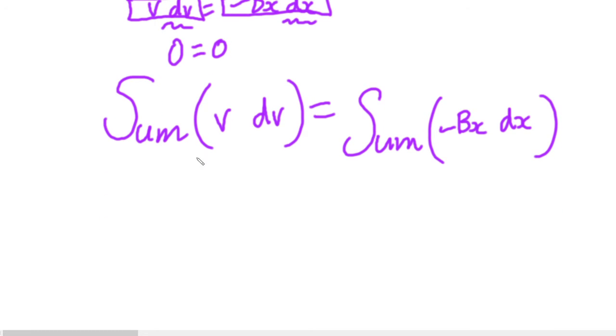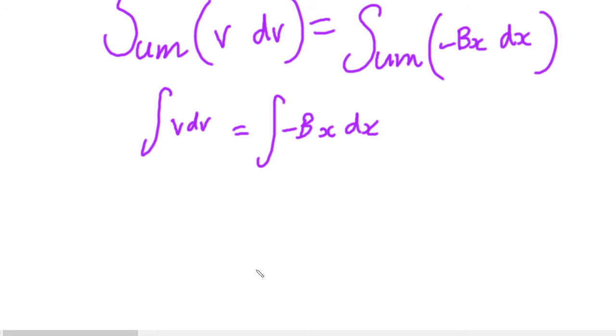Or in other words, replacing sum with this ridiculously large S drawn on purpose to symbolize the integral sign, the integral of v dv must therefore be equal to the integral of minus bx dx.